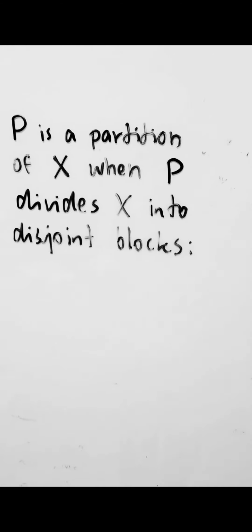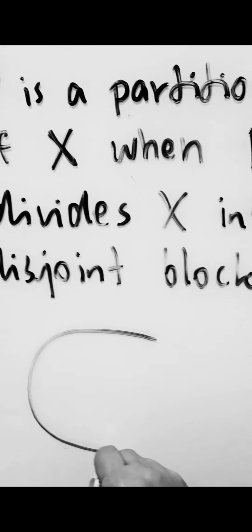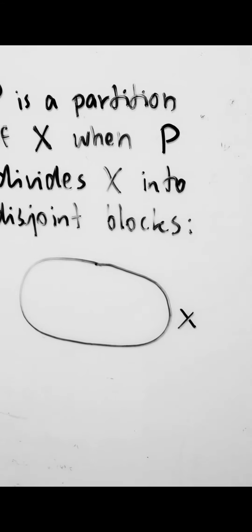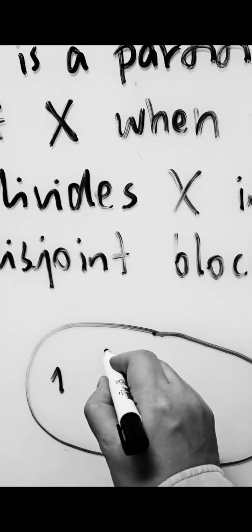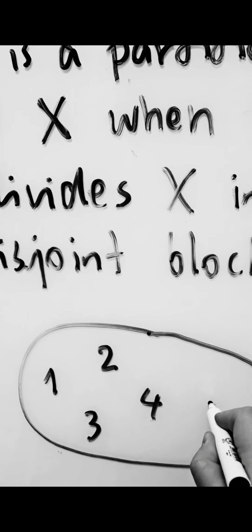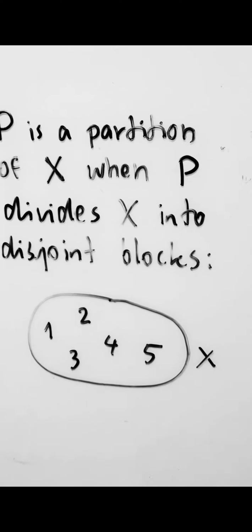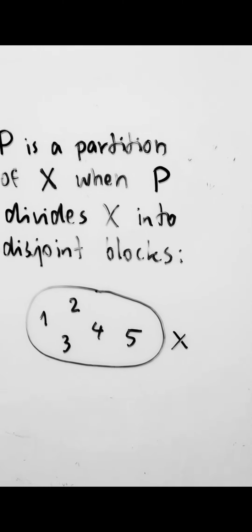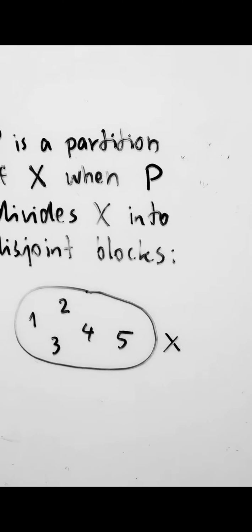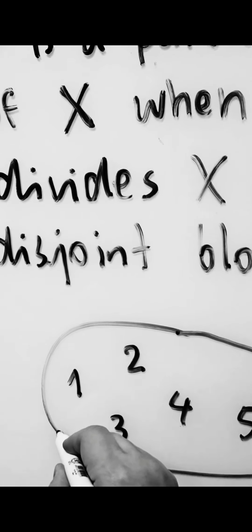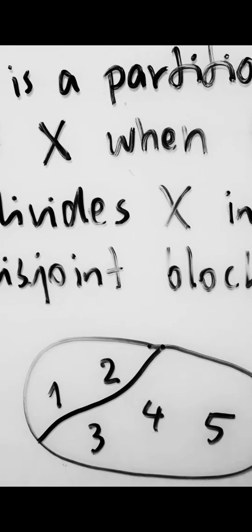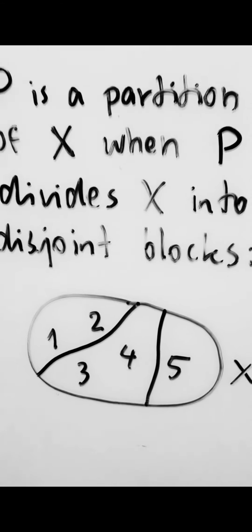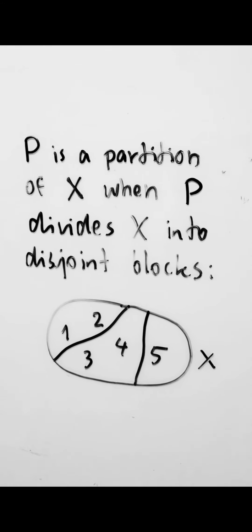For example, consider a set X consisting of 5 elements, 1, 2, 3, 4, and 5. A partition P of X would organize these elements into groupings, into blocks. For instance, 1 and 2 could go in the same block, 3 and 4 could go in the same block, and 5 could be a block of its own.